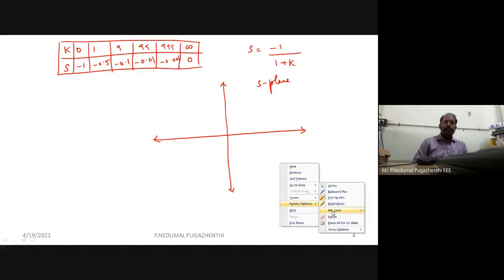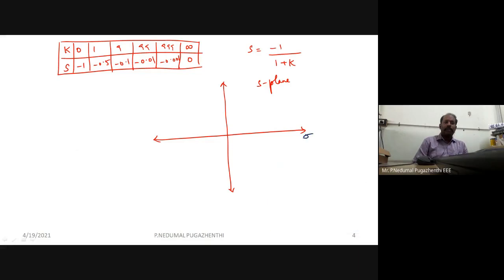So no need of the other values. Sigma, minus sigma, j omega, minus j omega. This is your zero and this is your pole. If I mark it, minus 0.5 will be here, minus 0.01 will be here. All these will be adjacent.